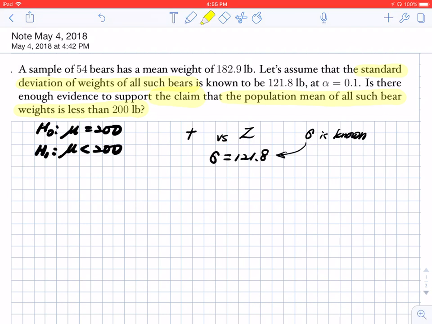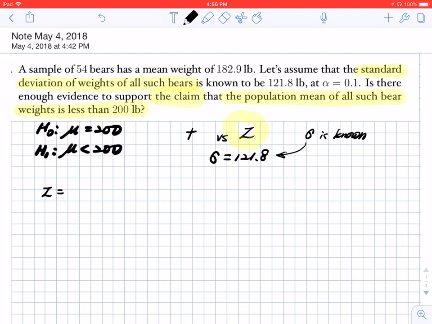So we are going to use the normal distribution, and we build the test statistic using Z. The formula itself is very similar, but which probability distribution and which corresponding Z-score is necessary is the important part of testing a hypothesis.